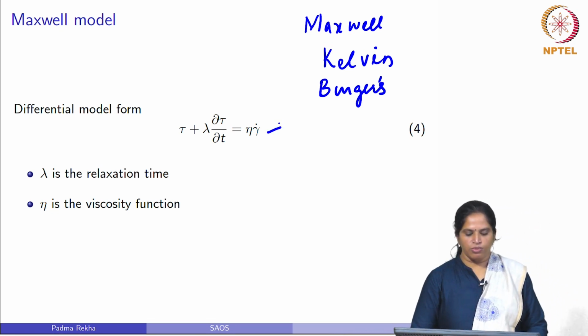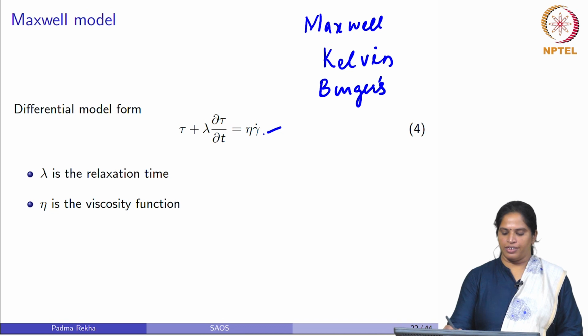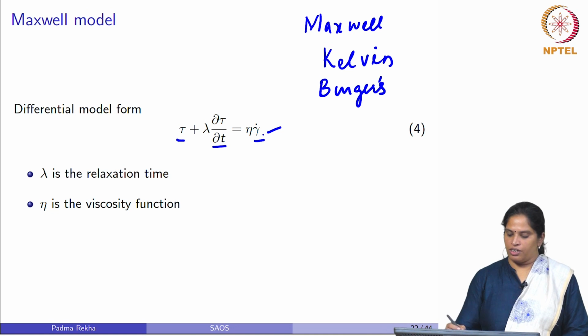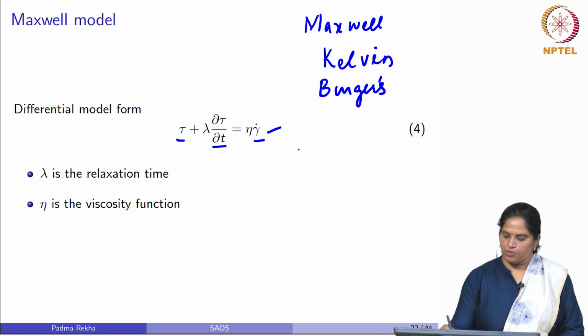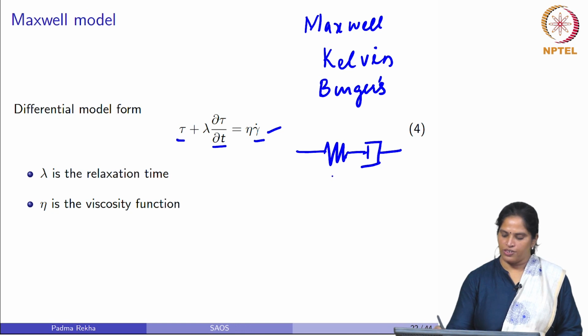The differential form of a Maxwell model can be written as in these equations, with the shear stress, the derivative of the shear stress, and the gamma dot function. Maxwell model, as you know, can be visualized as a combination of a spring or elastic component and a viscous component in series.